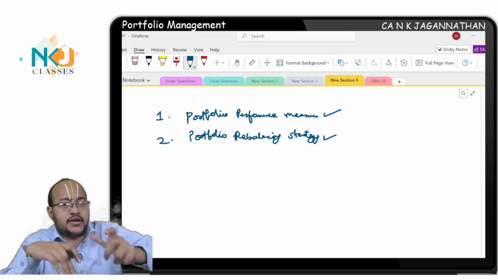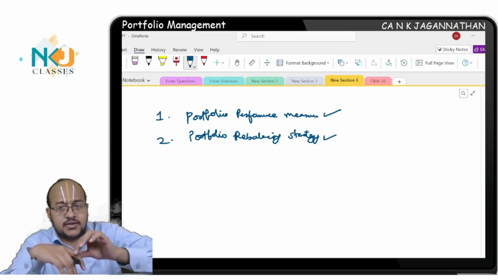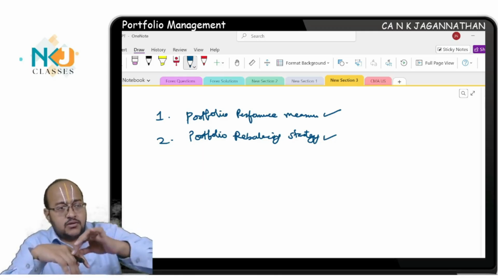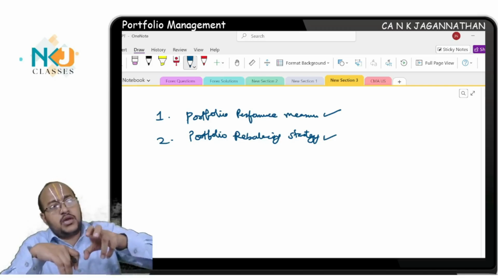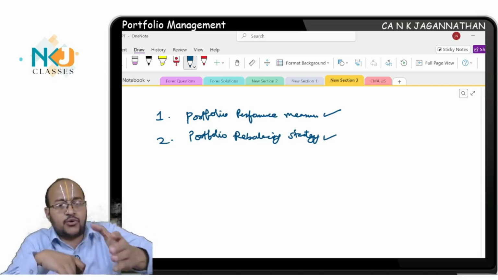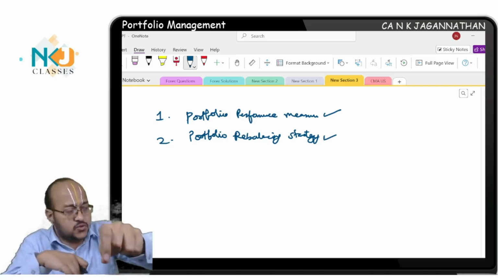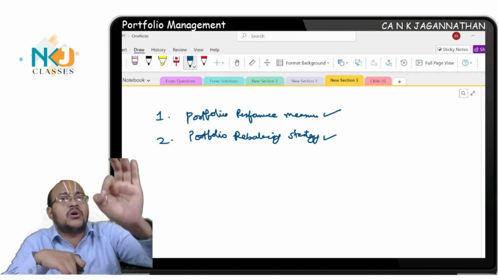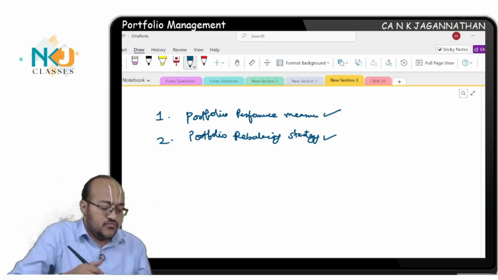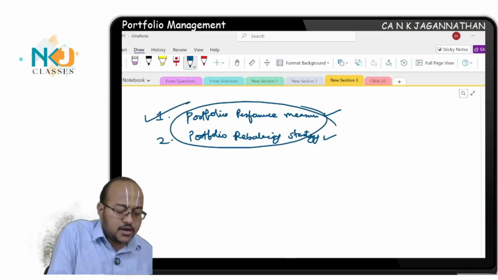I told you now, within debt and equity 50-50, how to rebalance it. One question will be there. And you have insurance based rebalancing. I told you now, floor, cap, all these questions will be there. So for portfolio rebalancing strategy, these two topics I will cover under mutual funds.